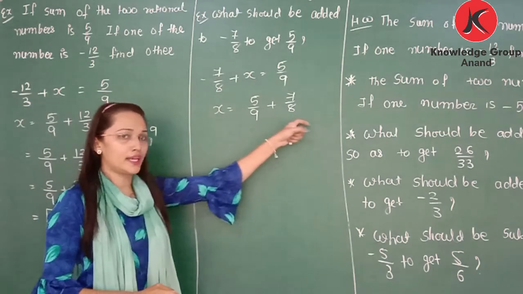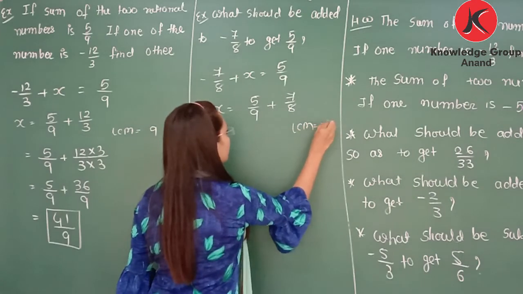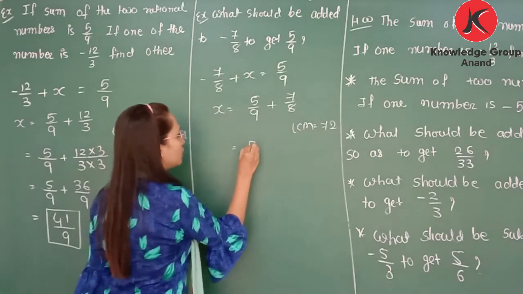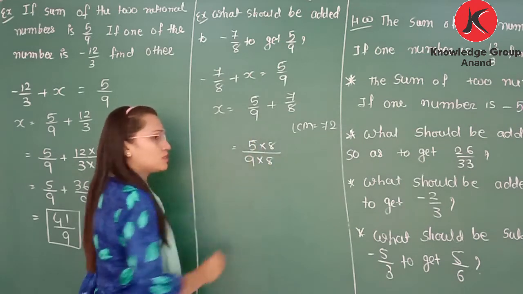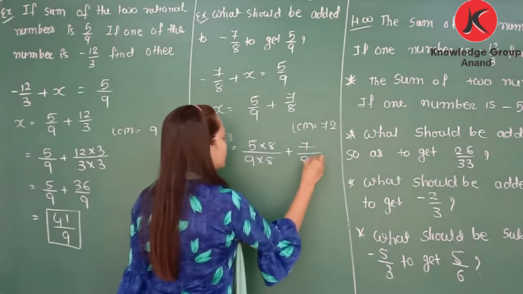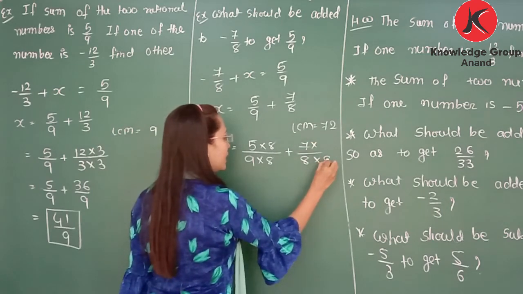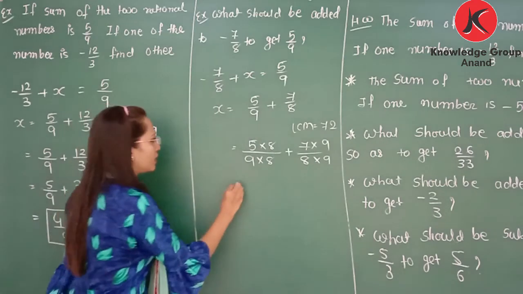Now here 9 and 8 are there, so the LCM is 72. So here 9 is multiplied with 8, so the numerator is also multiplied with 8. 8 is multiplied with 9, so 7 is also multiplied with 9.